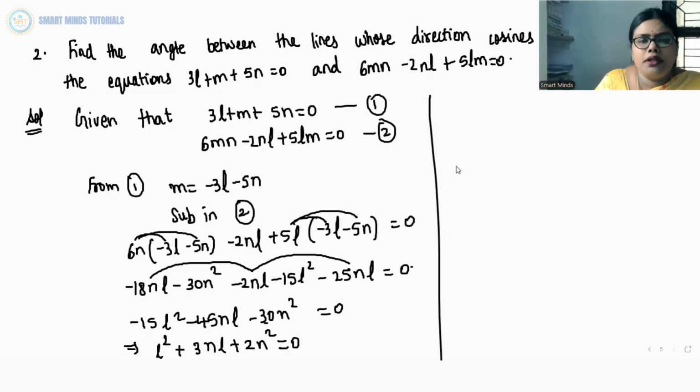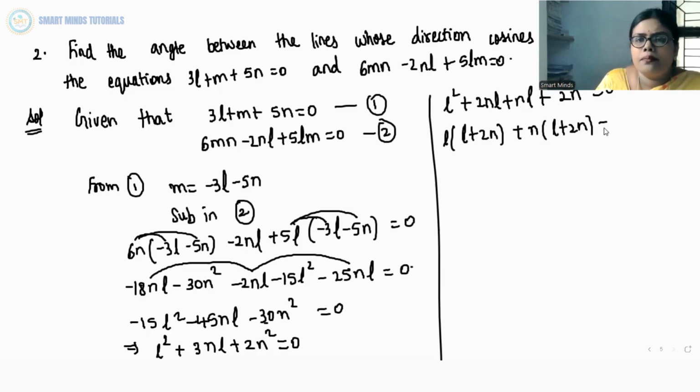Now split the middle term. 3NL we can write as 2NL plus NL plus 2N square is equal to 0. Now L common, you will get L plus 2N. Then here N common, you will get L plus 2N. Now L plus 2N is equal to 0, this is equation number 3. And then L plus N is equal to 0, this is equation number 4.